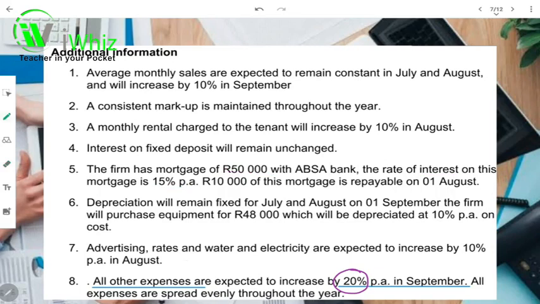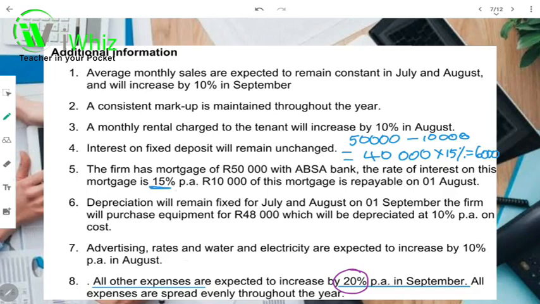So what you're going to do, wizards, is you're going to take your 50,000 Rand minus 10,000 Rand, and that will leave you with an amount of 40,000 Rand that's repayable. Now, wizards, this 40,000 Rand has an interest per annum or per year of 15%. So if you take 40,000 times 15%, or 15 over 100, it will give you an amount of 6,000 Rand.